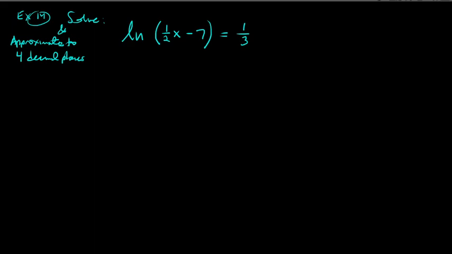Natural log of 1/2 x minus 7 equals 1/3. Okay, so notice that there's nothing you have to combine here. This is just a single logarithm, and in fact it's natural log, so maybe we should write that as log base e in this case.